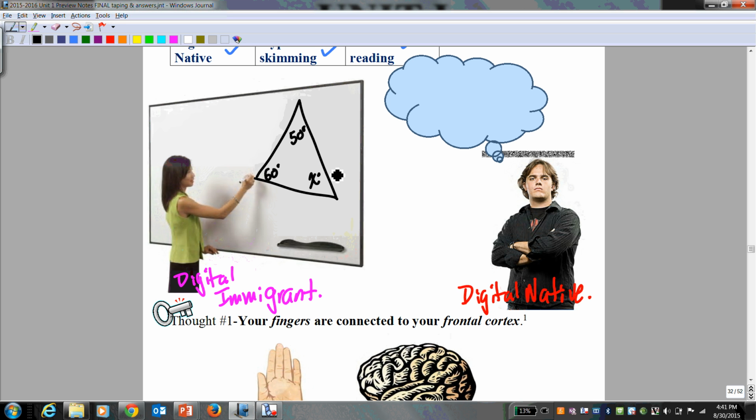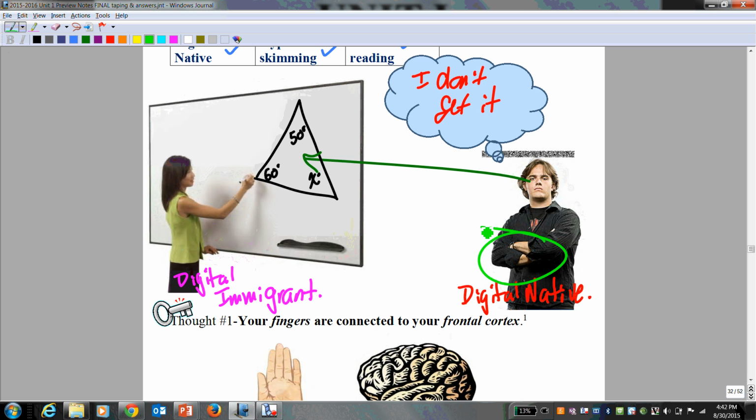And I would ask the student to solve it, and they would look at it about 10 seconds, and then they would instantly say, I don't get it. Notice very often where the hands were. Hands were tucked or not using, and a student would say, I don't get it, and I didn't understand why.